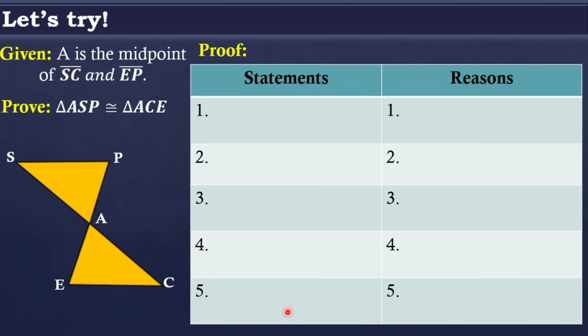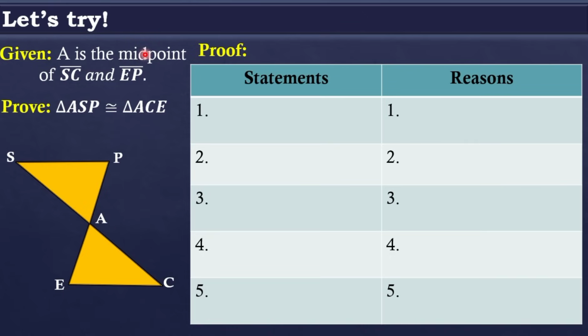Alright, so let us check. So, I have here, A is the midpoint of segment SC and segment EP. Now, segment SC, this is your SC, and segment EP. So, intindihin nyo muna yung problem. Yung given. Pag sinabi nating midpoint, ibig sabihin, siya yung gitna.